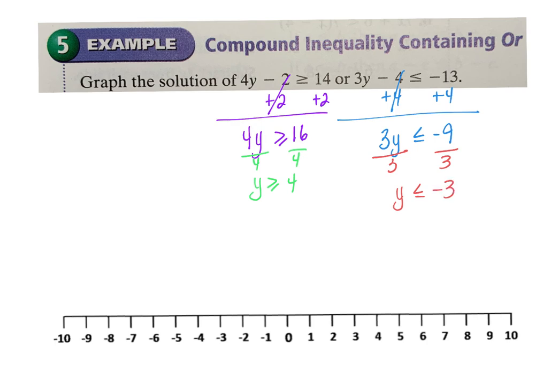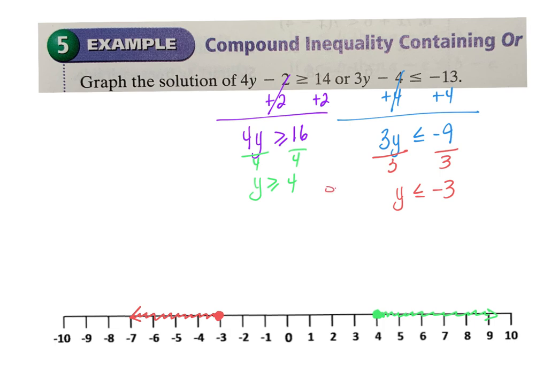Now what you'll see when I graph these: the first one, y greater than or equal to 4, is a closed circle on 4 and everything bigger. The second one, a closed circle on negative 3 and everything smaller. These do not cross, and that's not a problem.